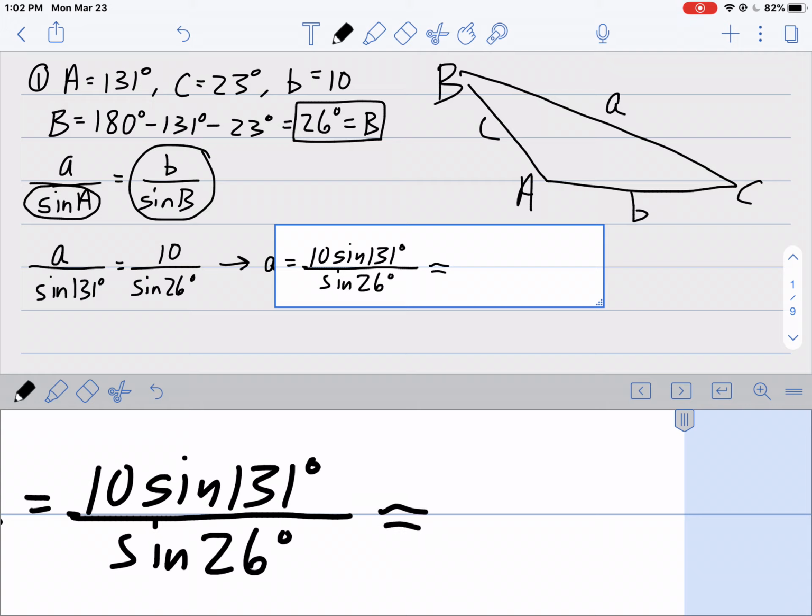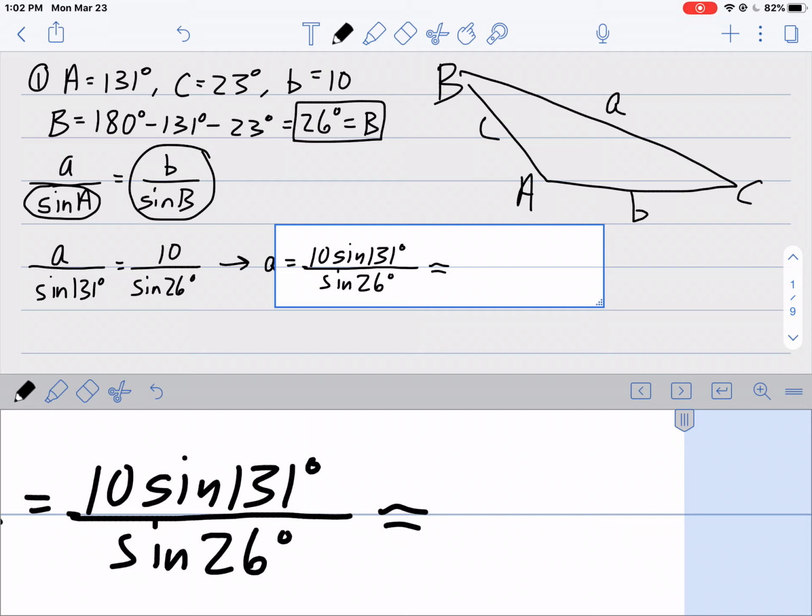Now, as far as rounding goes with these approximations, you could have a discussion about significant digits and that type of thing. You'll talk about that maybe in physics or chemistry. They worry about that a lot more. I just use the values that we have in the problem as a guide. In other words, since I'm finding the length of side A, and I look at the information given in the problem, side B is a whole number, I'm just going to round to the nearest whole number.